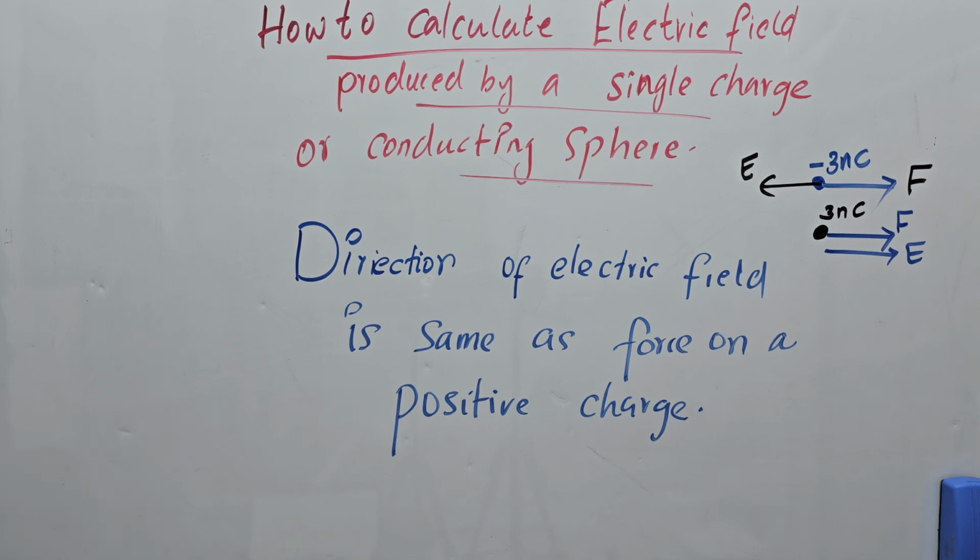Yeah, the direction of the force will be south. Okay, so the answer will be like this. The force is 8.10 times 10 to the power minus 6 Newton to the south.